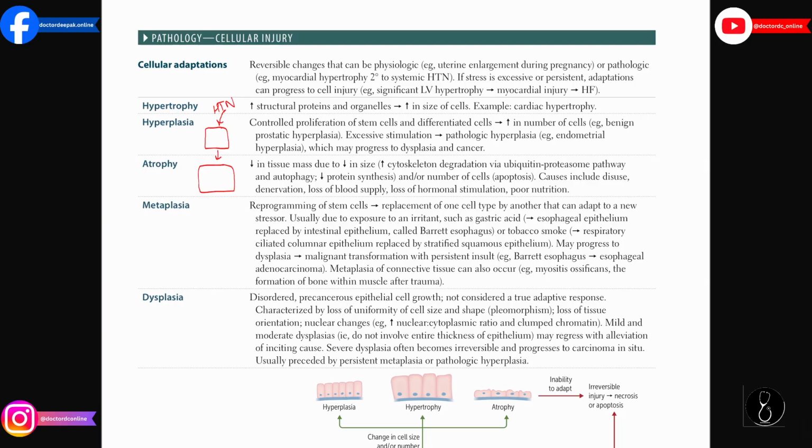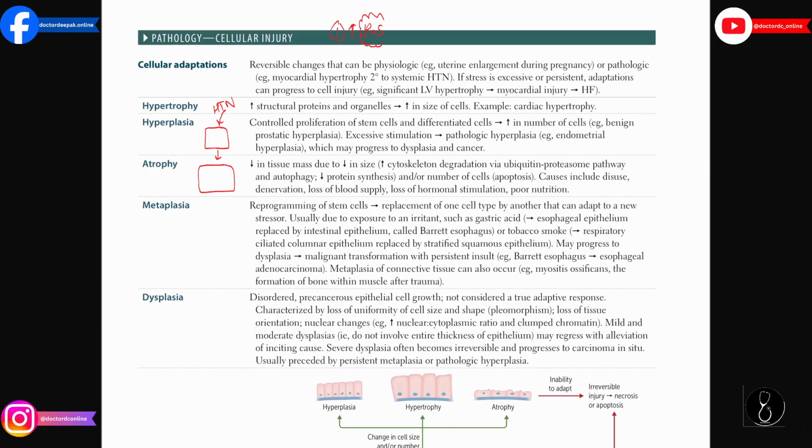So here they mention, in hypertrophy, when the cell size is going to increase, how is that cell size increased? You have to keep in mind, there are three things which help to increase the cell size. First one is, whenever you are putting more stress on the cell, if that cell has to increase its size, it has to increase its protein synthesis. If the protein synthesis is increased, then the organ size or cell size will increase.